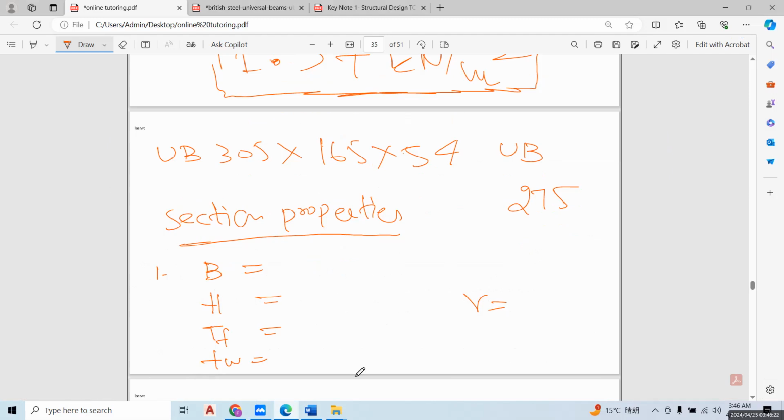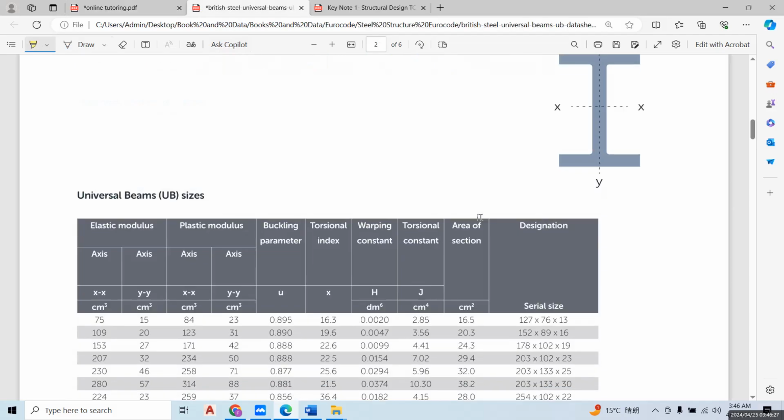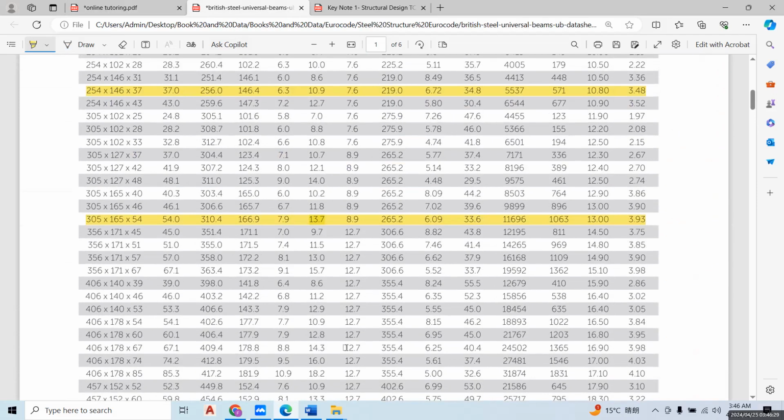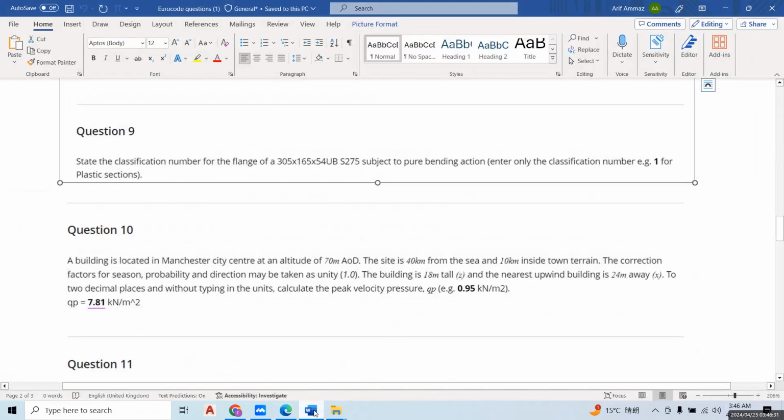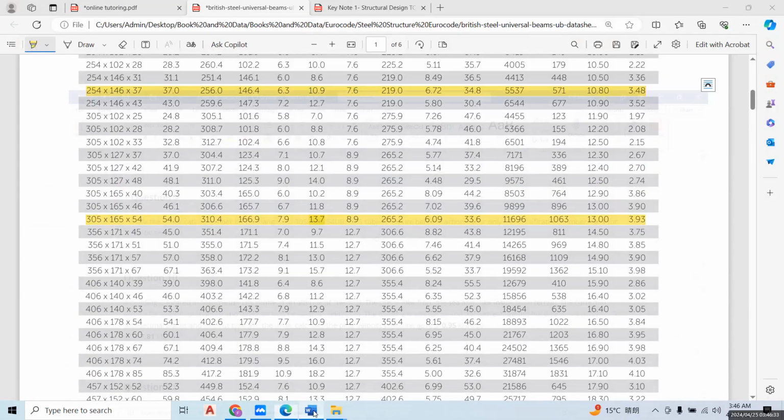So we go to the table: 305, 165, and 54. Is this the section?